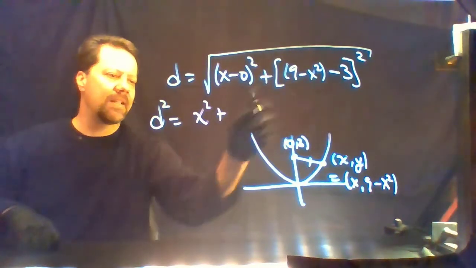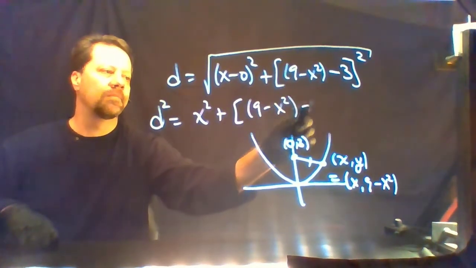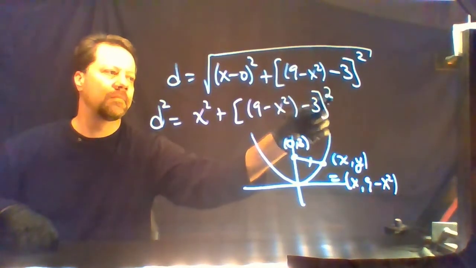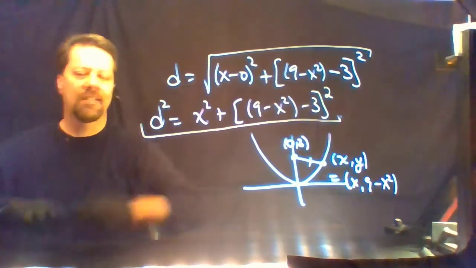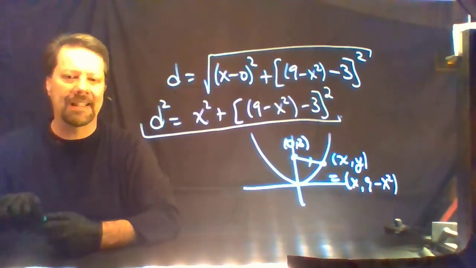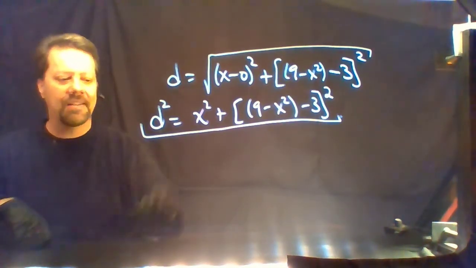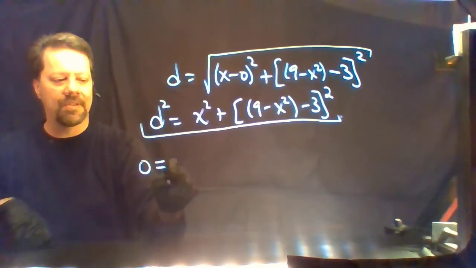When I square this, I'll leave it like this for now. This is the expression that I'm going to calculate the derivative of. That will avoid some ugly complications involving square roots. I'll calculate the derivative now and set it equal to 0.